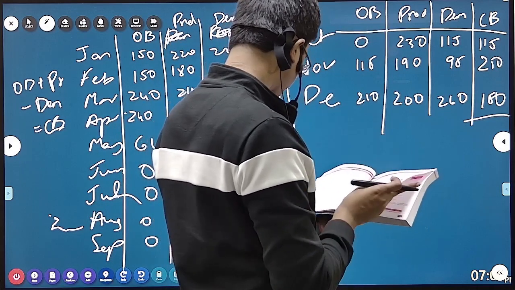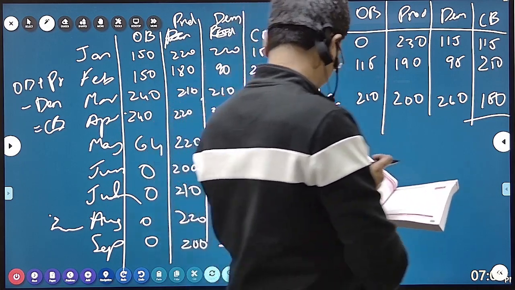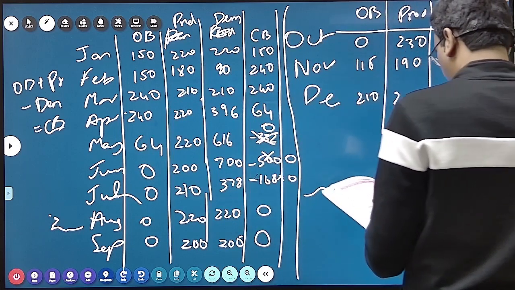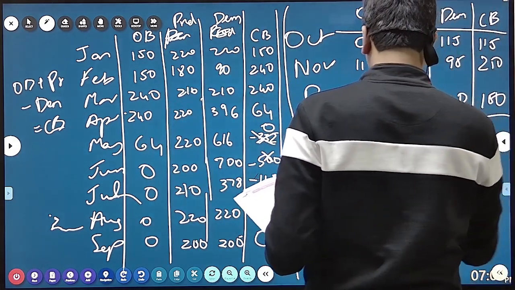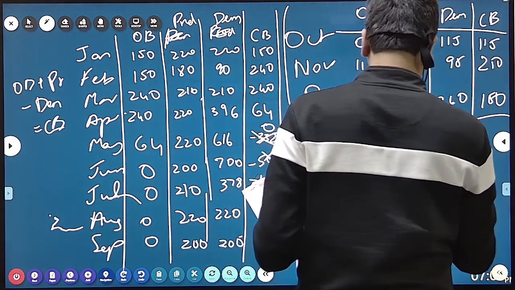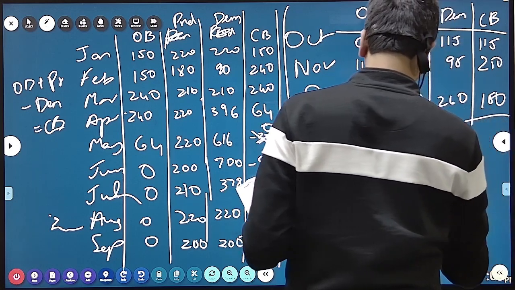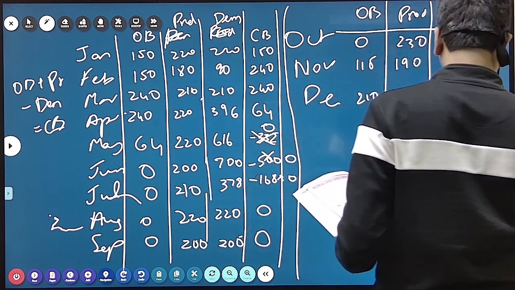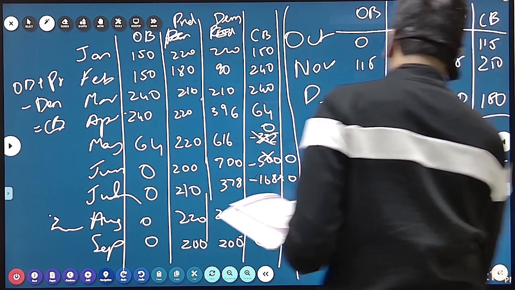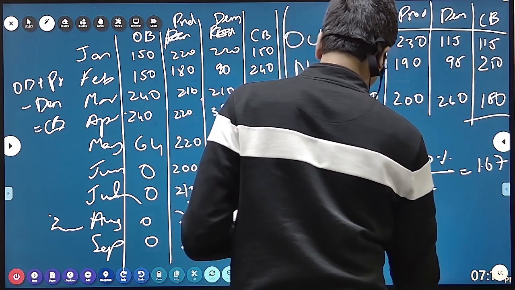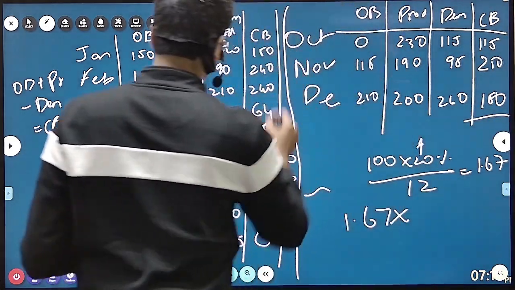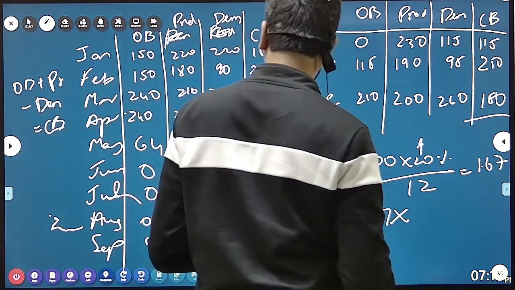He says 20% into production cost, no extra storage cost, per month. So it is 100 into 20% divided by 12, it is 1.67. Okay, so your carrying cost would be 1.67 into the sum of your closing balances.